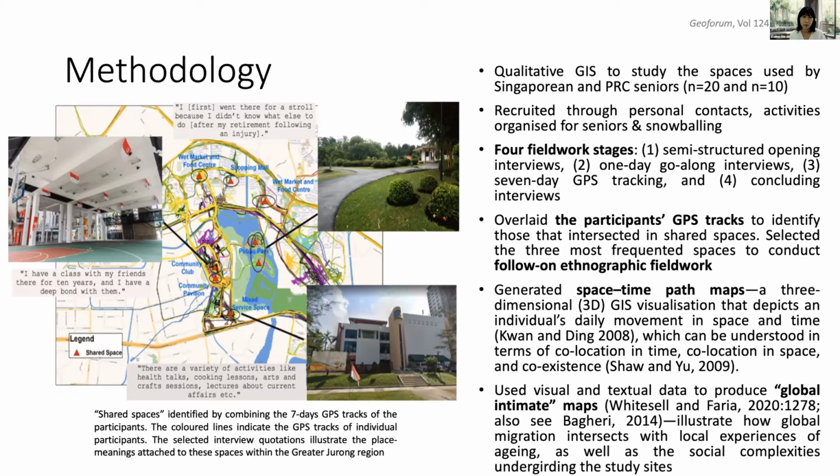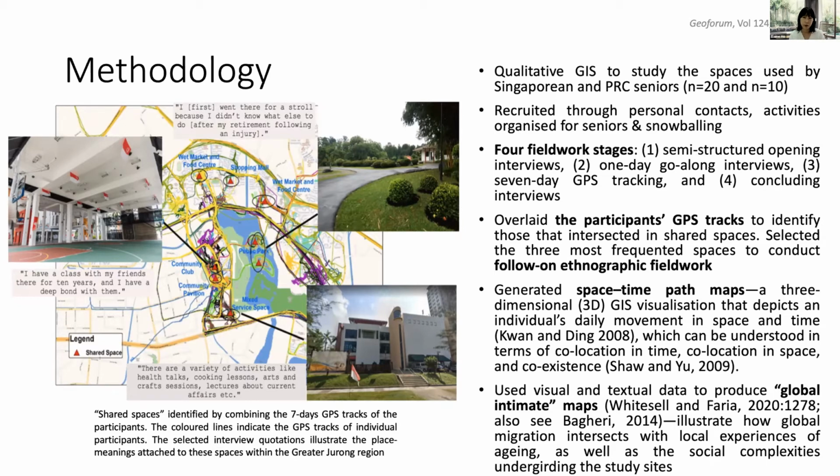So for this particular paper, what we did was we overlaid the participants' GPS tracks to identify those that intersected in shared spaces. So the participants were recruited separately, and through their GPS tracking, we then identified the places where they go to, but not necessarily one another, okay? So we then selected the 3 most frequented spaces to conduct follow-on ethnographic fieldwork.